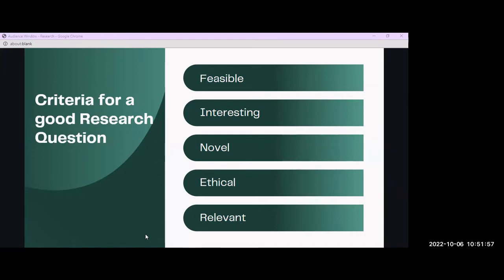The next is ethical. Your research must be ethical. We know the concept of ethics is that the benefit should outweigh the risk, meaning you have to protect the subjects.